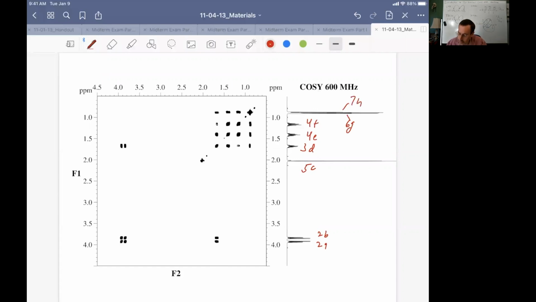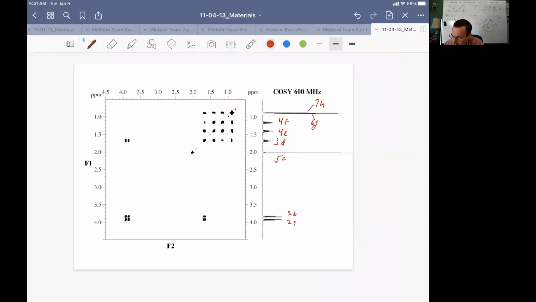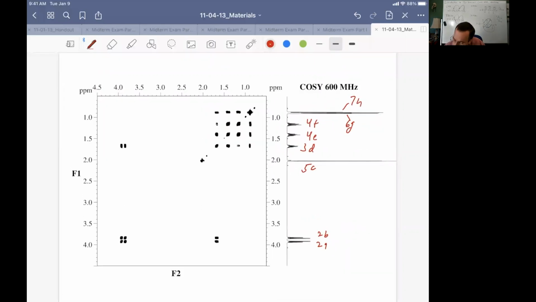And now we're just going to start and identify our cross peaks. I'll go ahead and draw my diagonal. Let's see, I meant to put a ruler out handy. I'll put a little ruler down on my iPad. So I've drawn my diagonal.